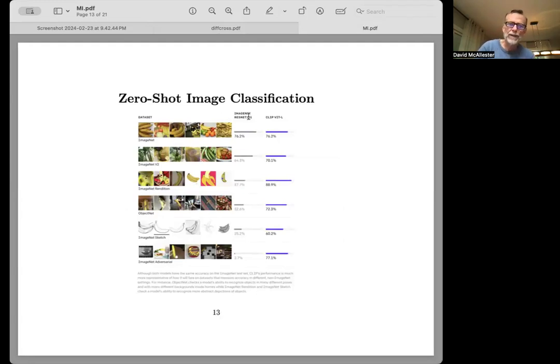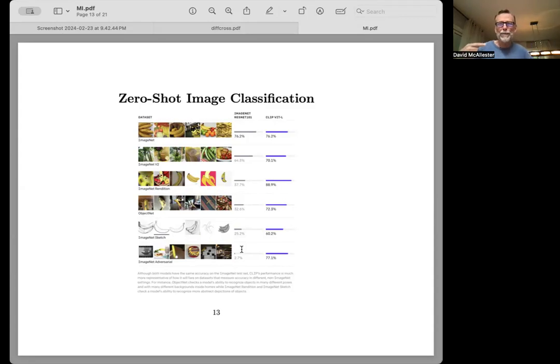And then what this shows is that if you take an ImageNet ResNet 101 classifier and try to get it to work in other domains, for other kinds of images like drawings or classifying kinds of fruit, this CLIP system performs very well across all of these things, whereas the ImageNet classifier has serious degradation when you move to a different domain.